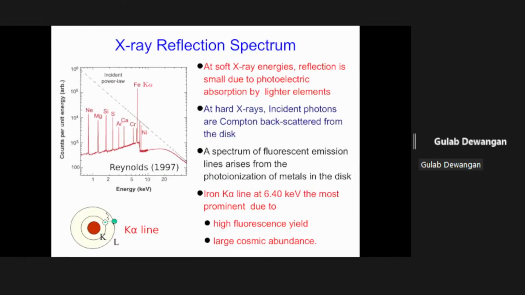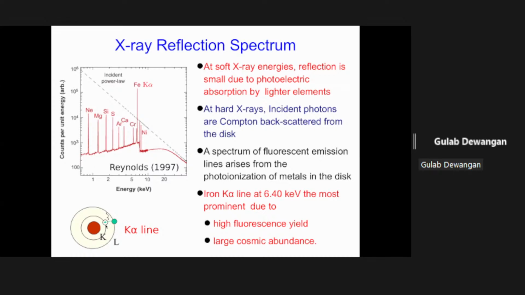For example, take this iron atom. When X-rays above 7.1 keV illuminate such a material with iron atoms, then a K shell electron will be ejected, because that is the most likely thing. And then there will be a vacancy.